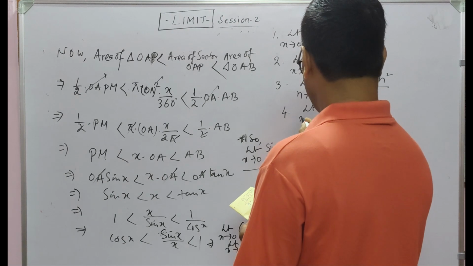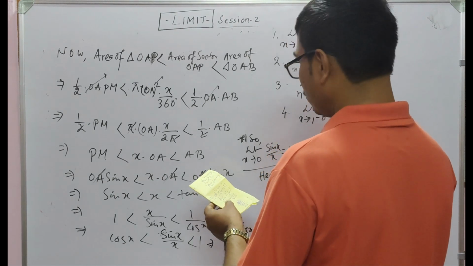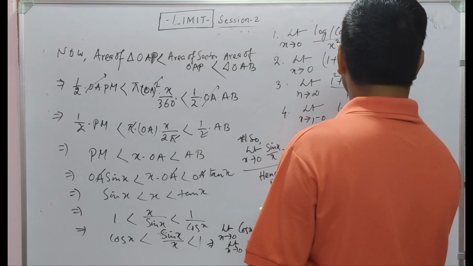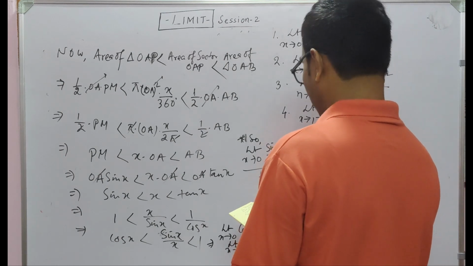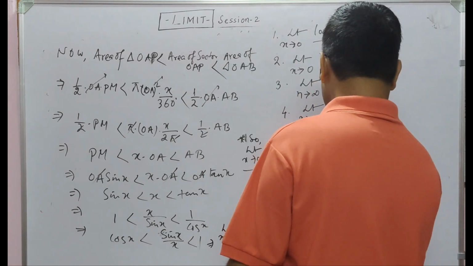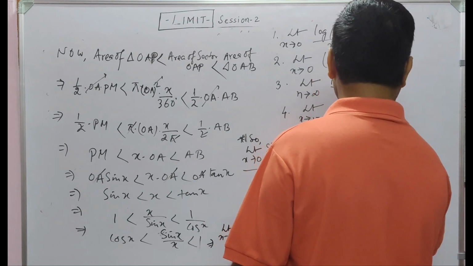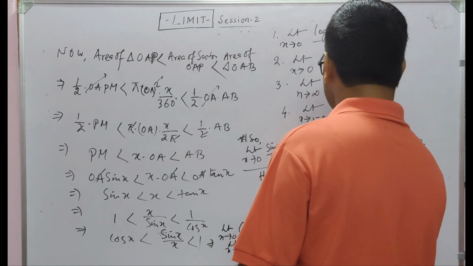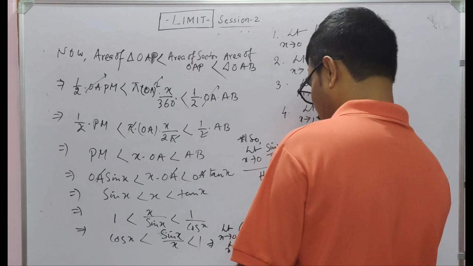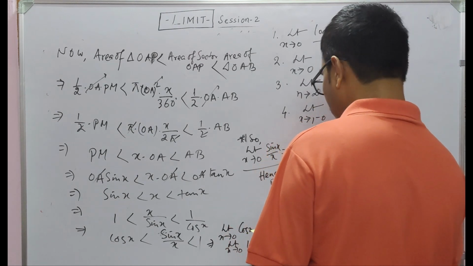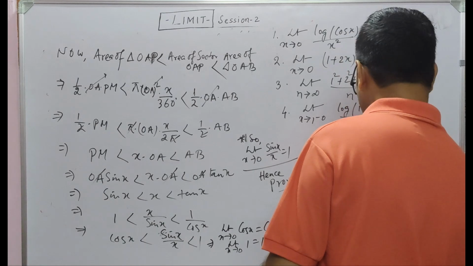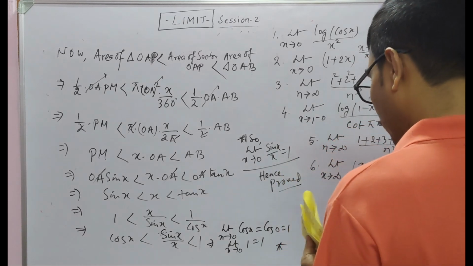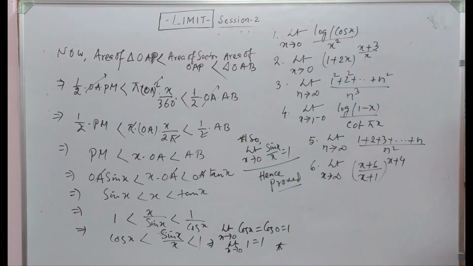Number 4, limit x tends to 1 minus 0 of log of 1 minus x by cot pi x. Number 5, limit n tends to infinity of 1 plus 2 plus 3 plus dot dot dot n by n square. And number 6, limit x tends to infinity of (x plus 6) by (x plus 1) whole to the power x plus 4. Find the limit of this.